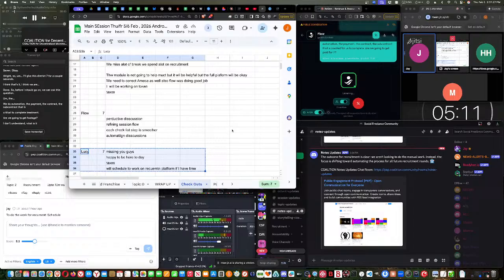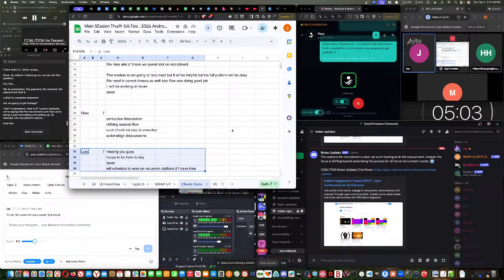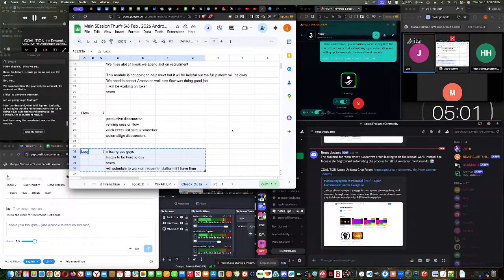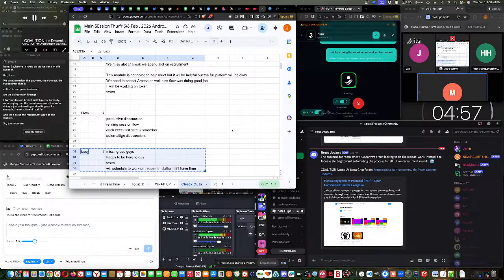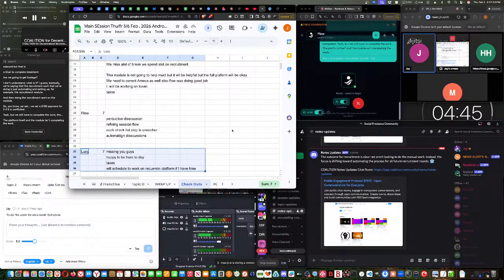I guess basically we're saying that the recruitment work that we're doing is just automating and setting up, for example, the recruitment module, and then doing the recruitment work on the module. So, you know, we set $100 payment for it if it is completed. Yeah, but we still have to complete the work. The platform itself and the module isn't completing the work.